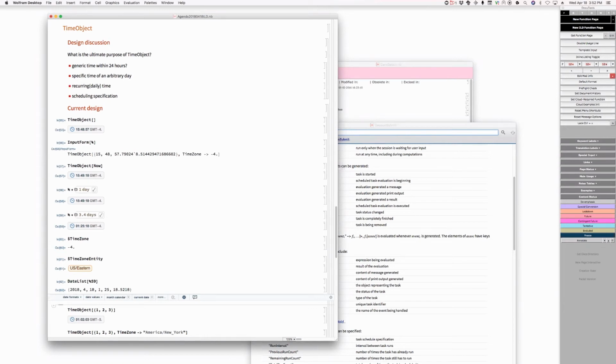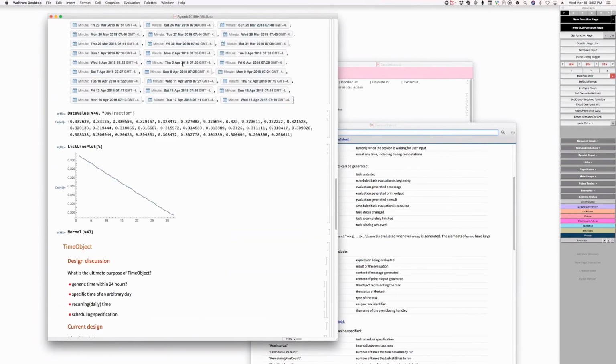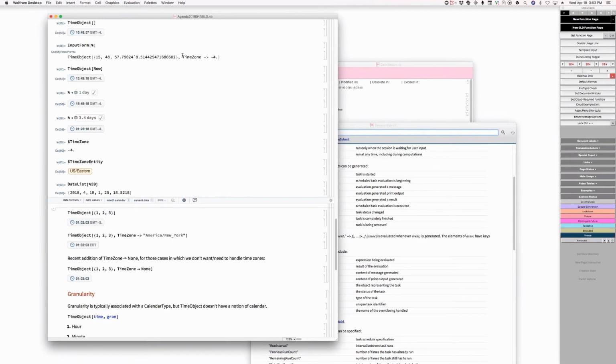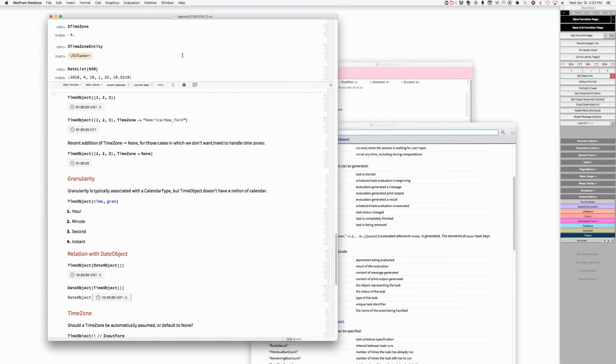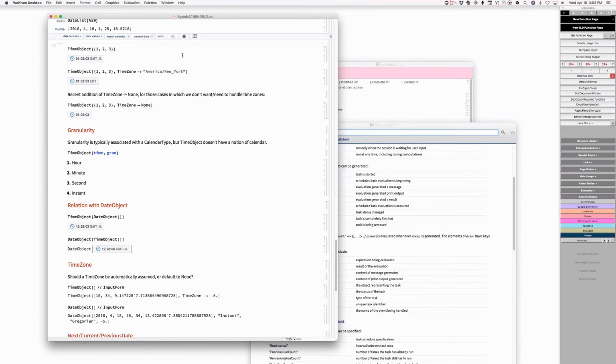Okay, let's come back to this question about a generic time. How does that relate to what we were talking about before? I think it's related in that we don't have a generic date object that floats around where you can say this is the fourth day of any month, or the fourth day of April, but it doesn't matter what the year is.